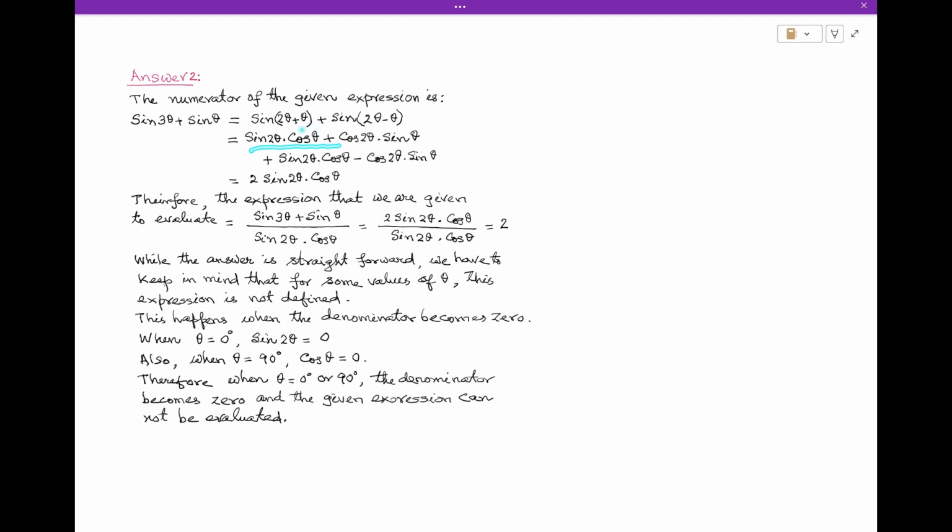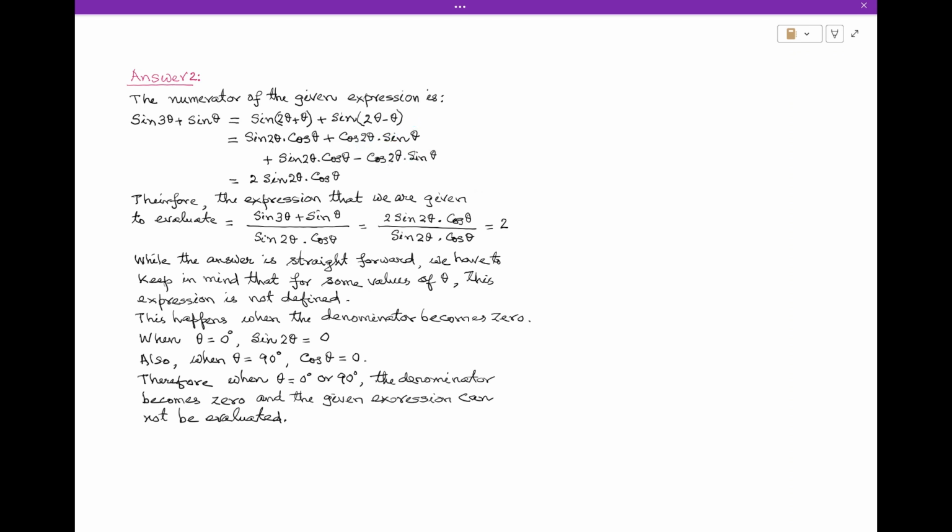These two together are equal to sine (2 theta plus theta). Similarly, sine (2 theta minus theta) is sine 2 theta multiplied by cos theta minus cos 2 theta multiplied by sine theta. And if you add these two things up, the terms cos 2 theta and sine theta cancel out.